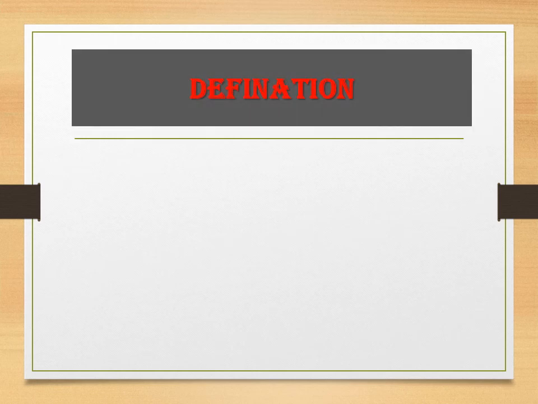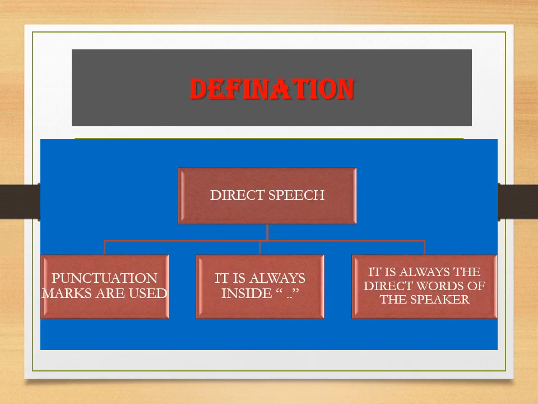To start with, I will be starting with the definitions. First I will start with the definition of direct speech. Direct speech is always the direct words of the speaker. It is always inside the inverted commas, and in direct speech, punctuation marks are used.